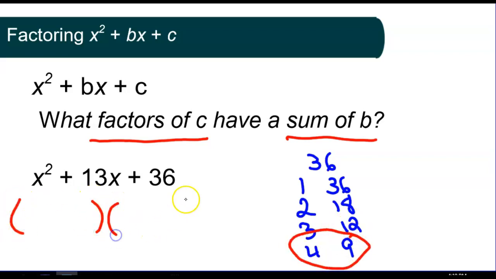So when I want to factor this trinomial, I again start with my x, because x times x gives me my x squared. And then what are the factors of 36 that have a sum of 13? 4 and 9.